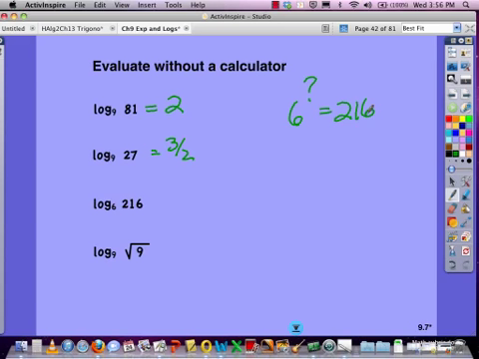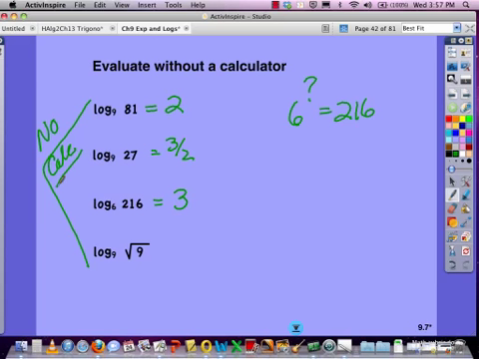I think it is. And so you check it with your calculator and done. You don't put log in your calculator. You cannot put any of these in your calculator because they are not base 10. Okay? So they can't be done with the calculator. They have to be done paper and pencil, thinking, doing your powers of whatever your base number is.